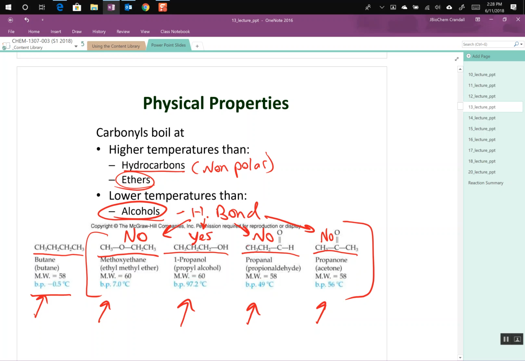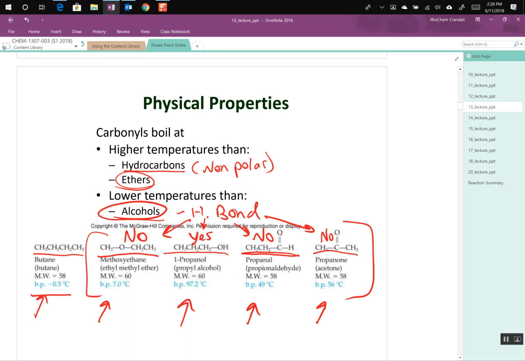Even this aldehyde, you almost mistakenly think, oh, well, that's right there on the oxygen. It's not, it's on the carbon, right? So that hydrogen does not cause hydrogen bonding there. This oxygen will not hydrogen bond with another one of these molecules.